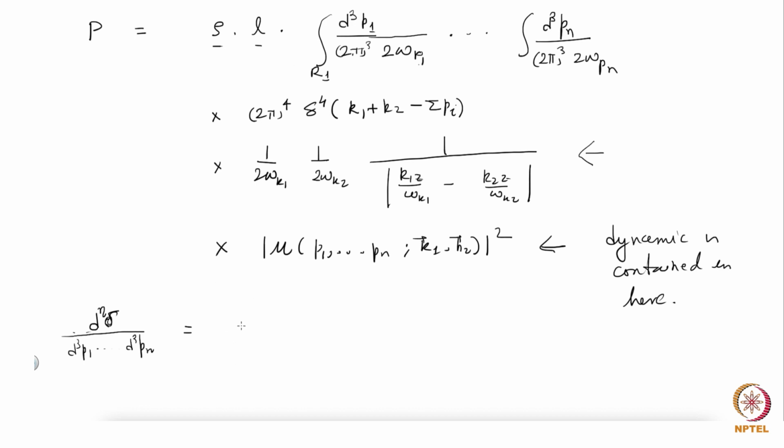Let me first write it down, then it will be easy to understand. 1 over (2 pi)^3, 1 over 2 omega p1, times 1 over (2 pi)^3, 1 over 2 omega pn. So these are the factors here, times (2 pi)^4 delta^4(k1 + k2 minus summation over pi). This is this factor, times mod M squared.